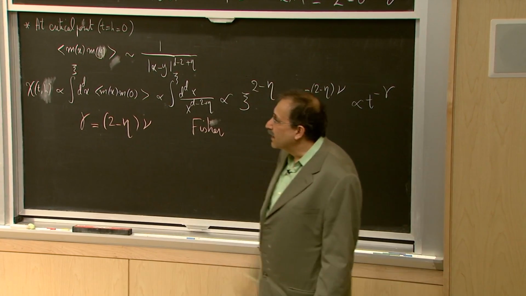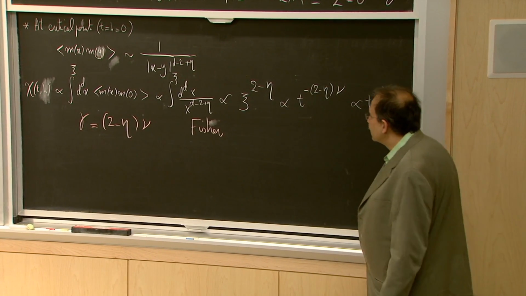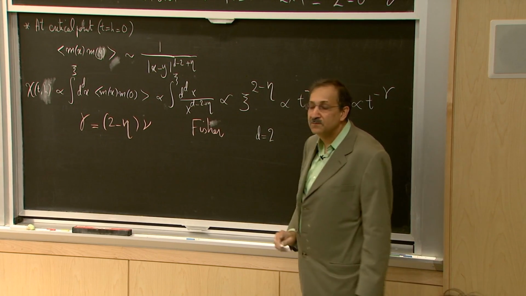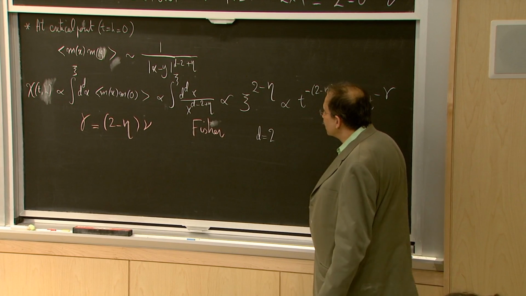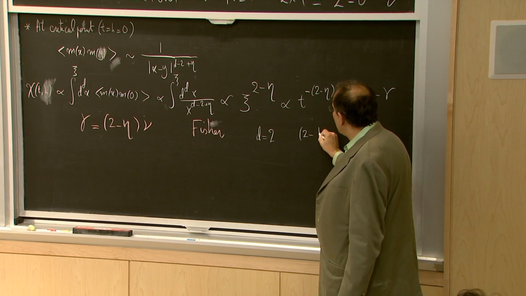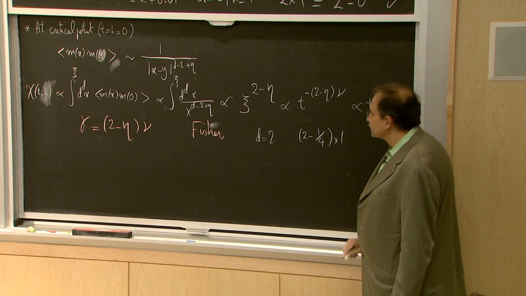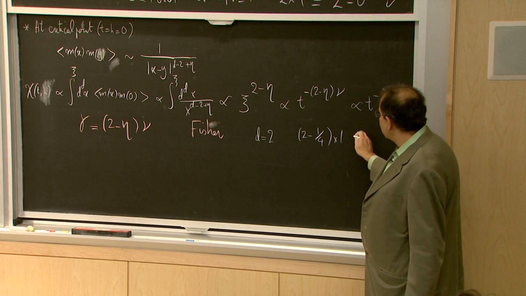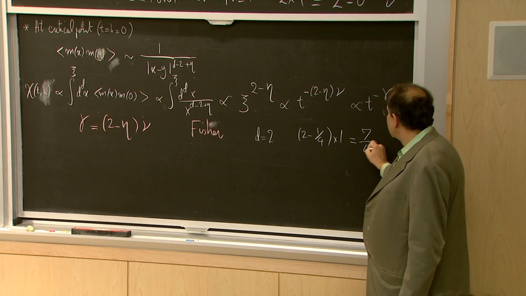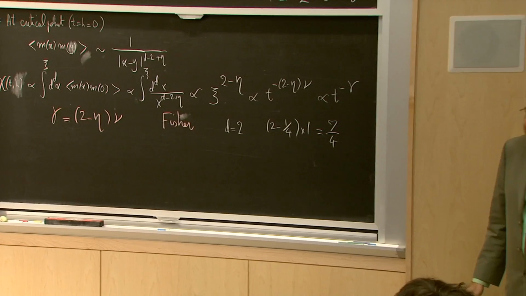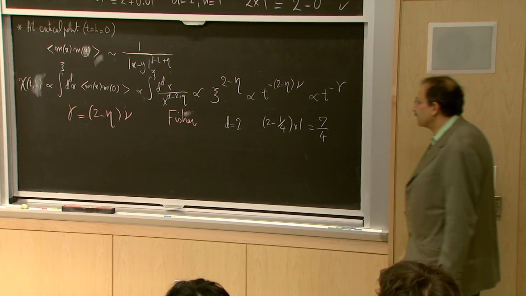The one case that I have on that table where eta is not 0 is when I'm looking at d equals 2, where eta is 1/4. So I take 2 minus 1/4, multiply by the nu that is 1 in 2 dimensions, and the answer is the 7/4, which we have for the exponent gamma over here. Okay?